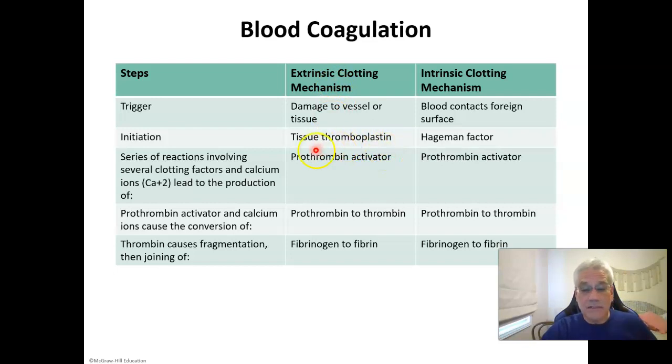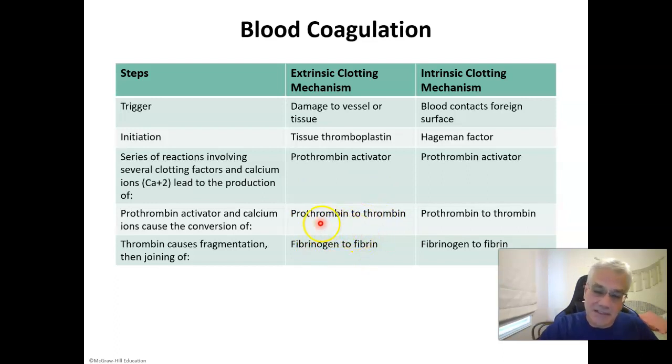But now look here. Once you get the trigger and the initiation going, you get prothrombin activator going. Prothrombin activator activates prothrombin, and it converts prothrombin to thrombin. And thrombin is the thing that converts fibrinogen to fibrin.